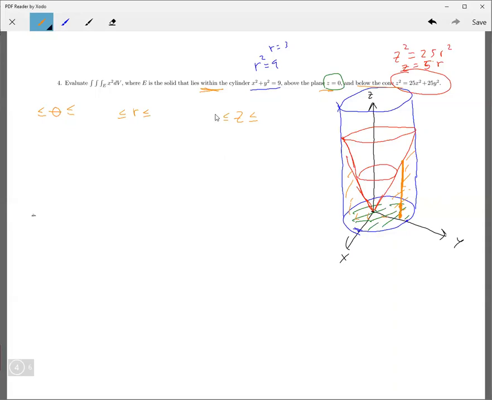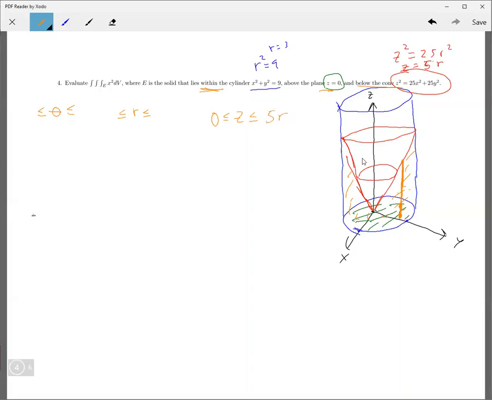Is it going to be the plane of 0? Yeah. So this plane here, the xy plane, is z equals 0. Okay, and the upper limit intersects the cone, right? Is it going to be 5r?